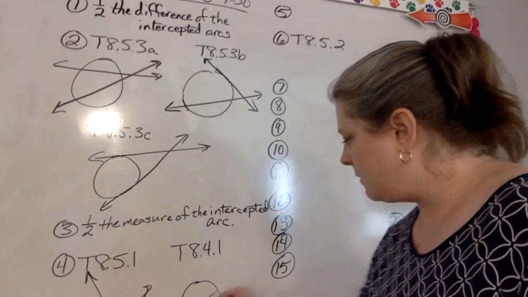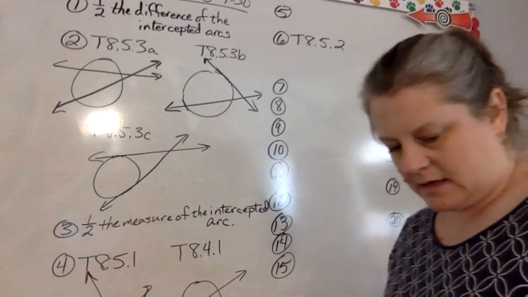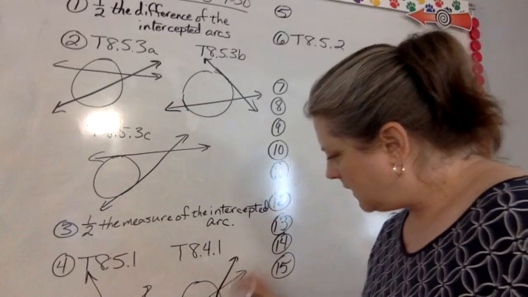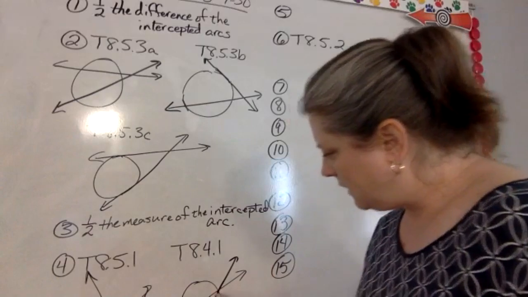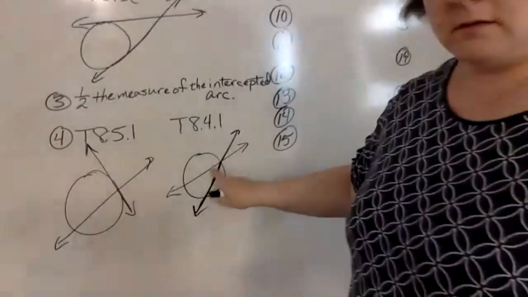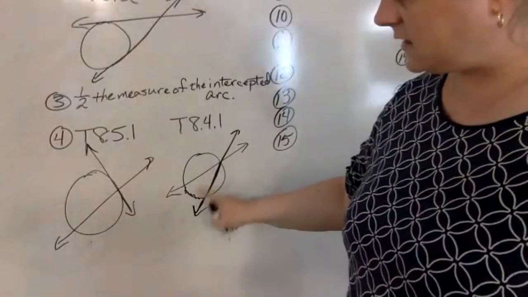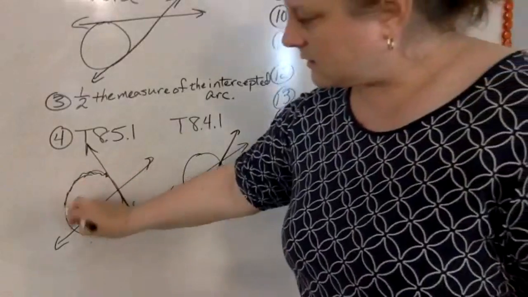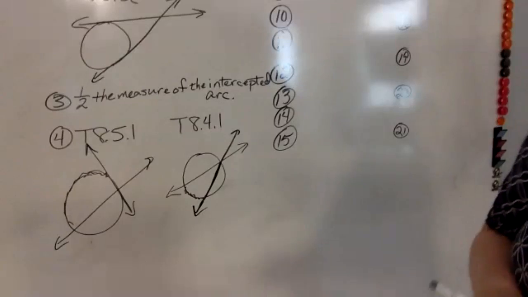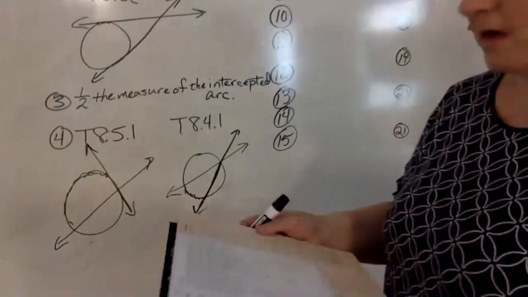So you're gonna have a picture, you got a line like this, and then you're gonna have another line like that, but they touch right on the circle. So this is an inscribed angle, and this would be the arc that we're talking about that it intercepts. On this one, this is the arc that it intercepted. Okay. So everybody got those? All right.